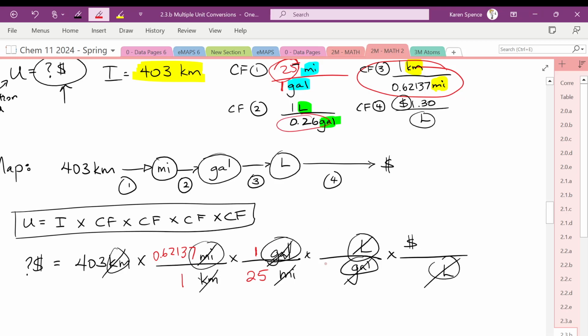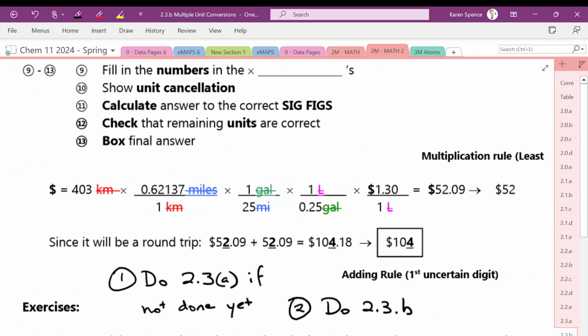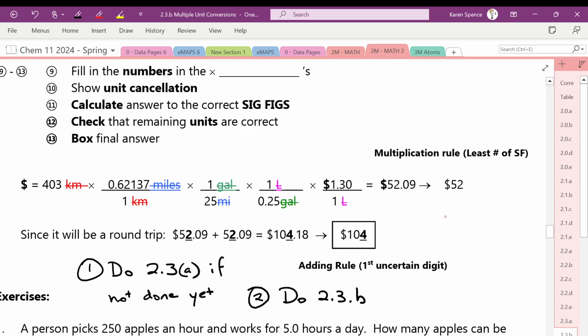Now I need 0.26 gallons is 1 liter. And I know that 1 liter is $1.30. We throw that all into the calculator. I'm actually going to cheat and just go back here because it is actually done for us. You can see everything cancels out. We get $52.09. But we only have 2 sig figs here, 3 sig figs here.